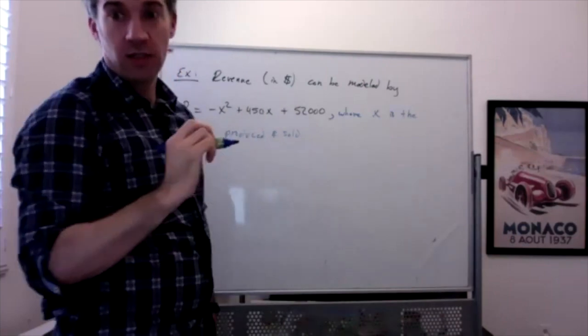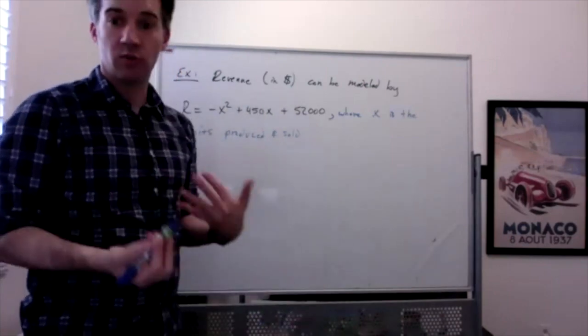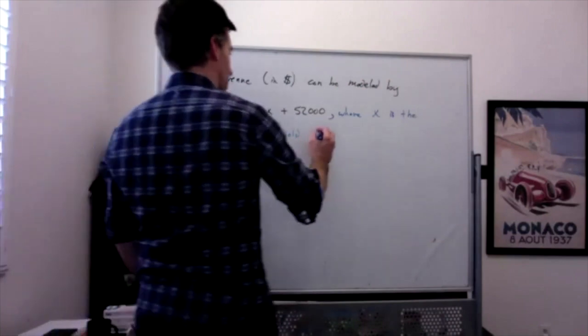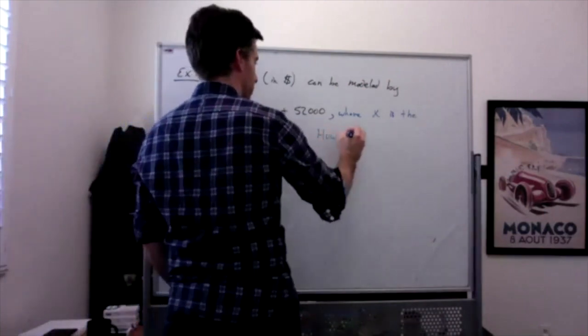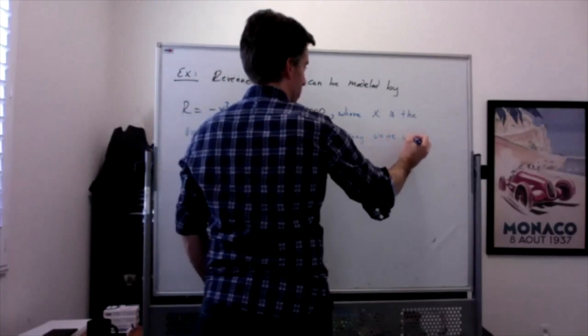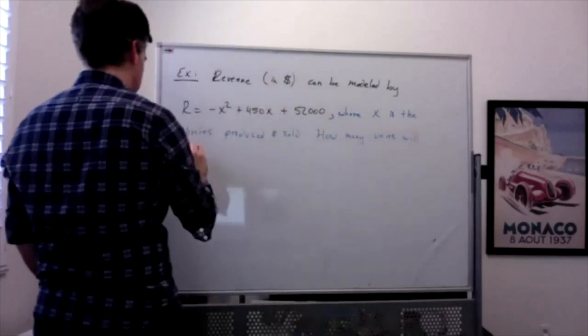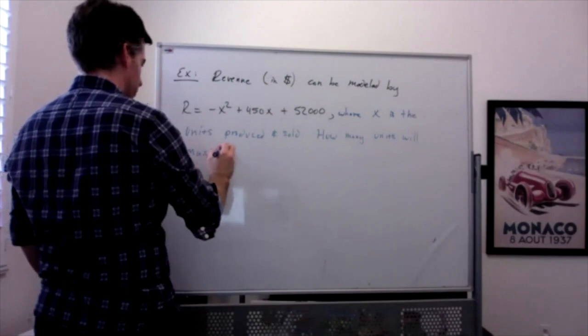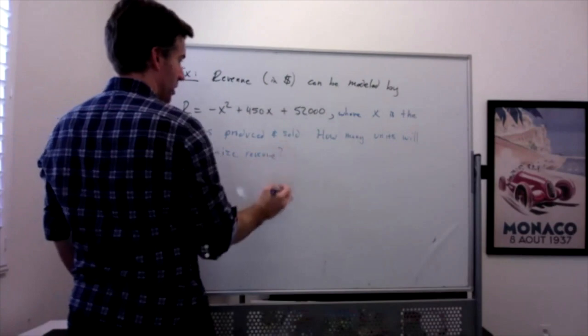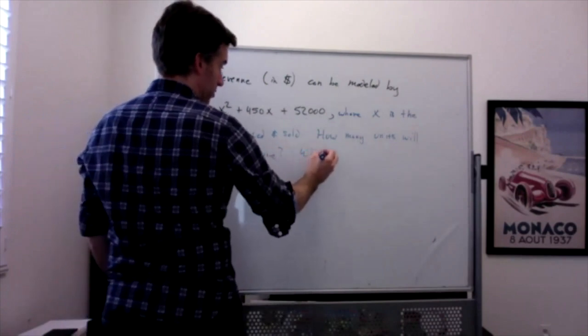So the question is, how many units should we produce to yield the maximum revenue? So how many units will maximize revenue? And what is the maximum revenue?